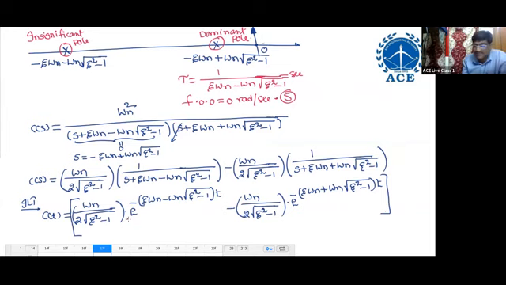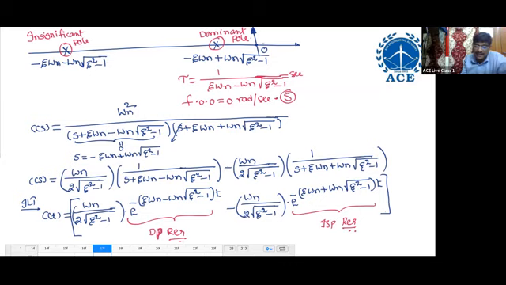Here the first term is called the dominant pole response, DP. The second term is called the insignificant pole response, so we can neglect this. Why? Because this response becomes very, very small.